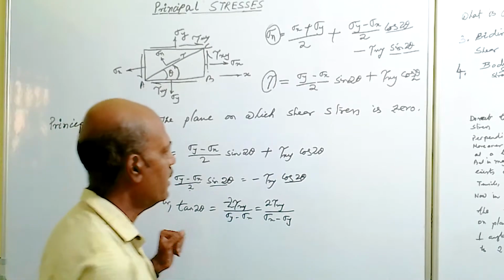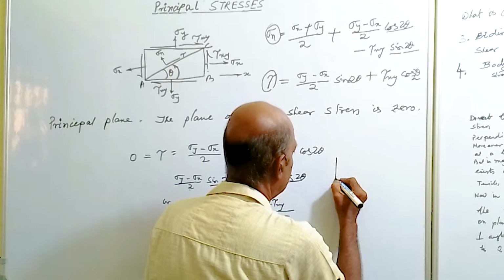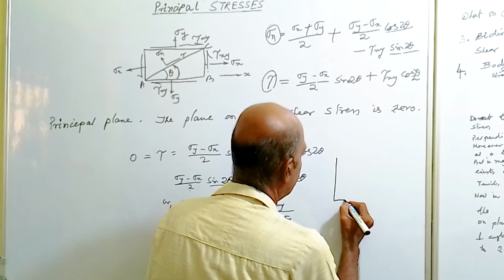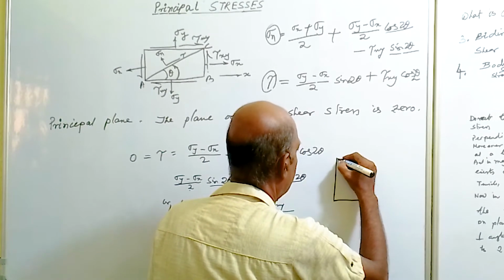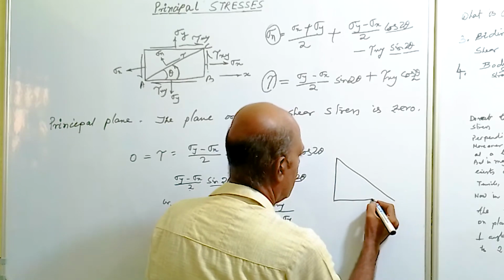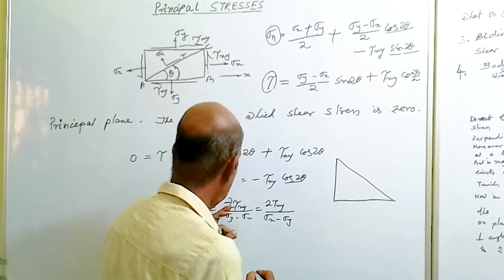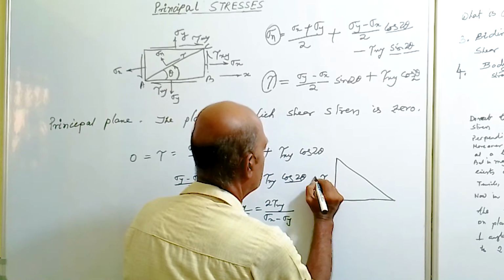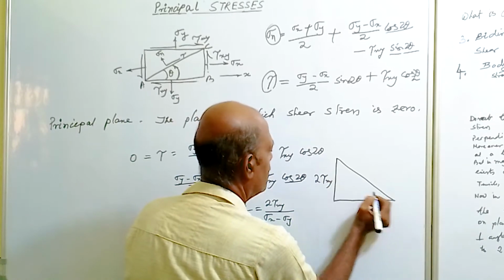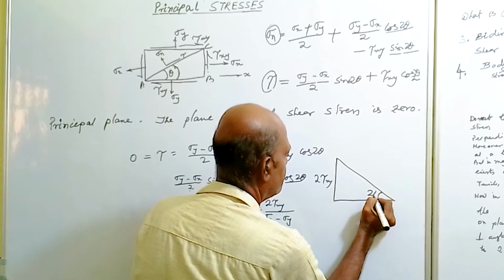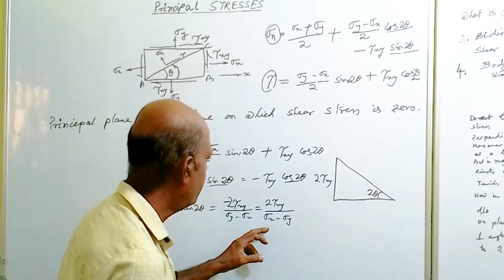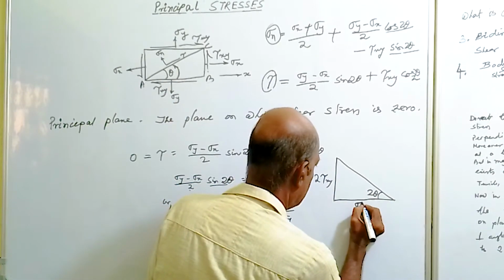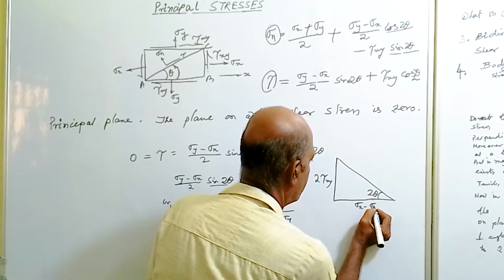Now geometrically, tan 2 theta is perpendicular by base. If this angle is 2 theta, the perpendicular will be 2 tau xy and the base will be sigma x minus sigma y.